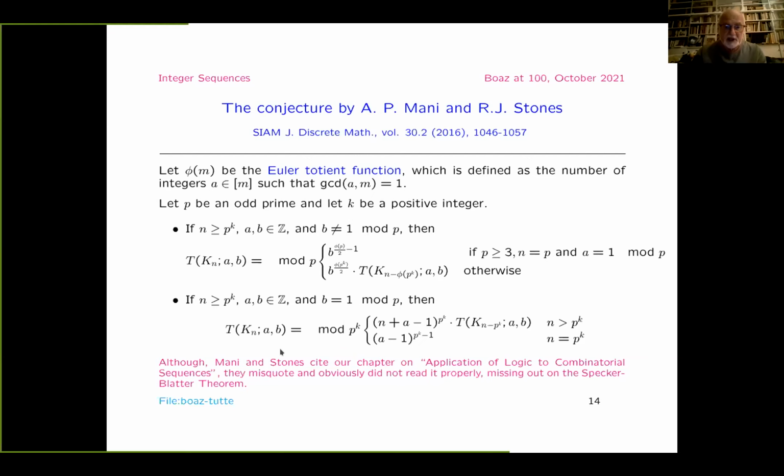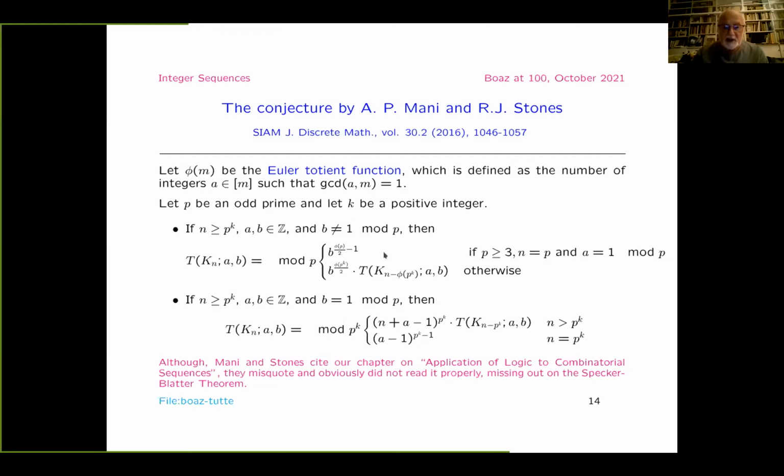Then they conjecture that if n is bigger than p to the k, and a, b are integers and b is different from 1 modulo p, then they can say something about this function. And if n is bigger than p^k and b equals 1 modulo p, then they can say something else.